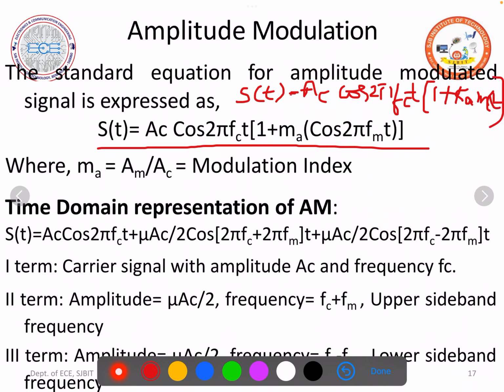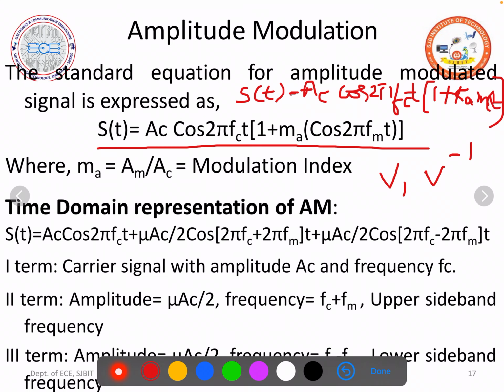So what is this Ka? Ka is the amplitude sensitivity, or you can also call this the modulation index of the modulator, which is responsible for the generation of the modulated signal s of t. The carrier amplitude Ac and the message signal m of t are always measured in volts, and Ka is always measured in per volts.